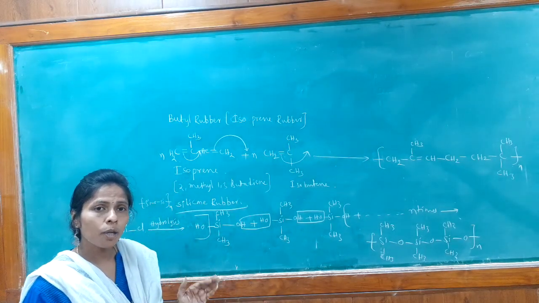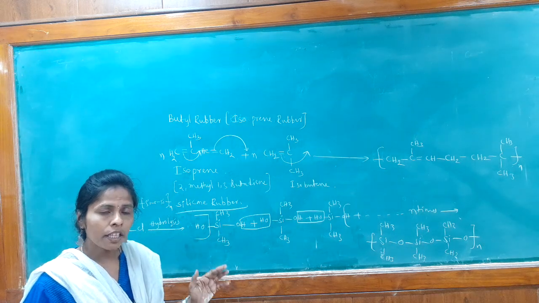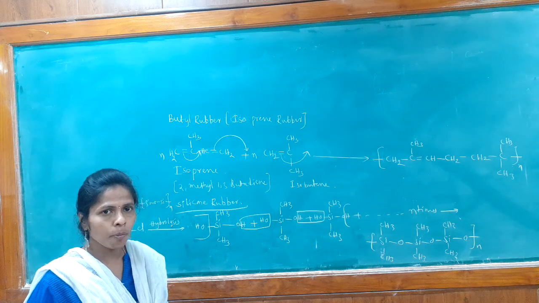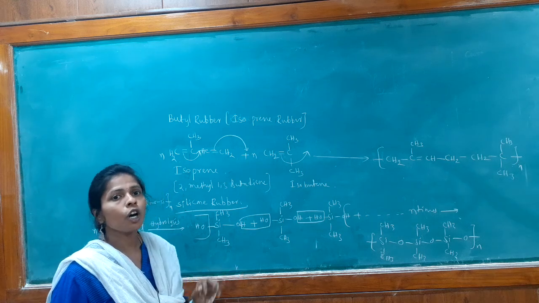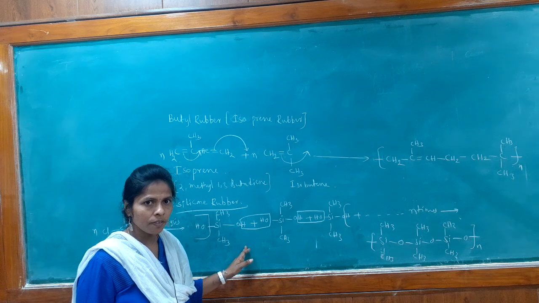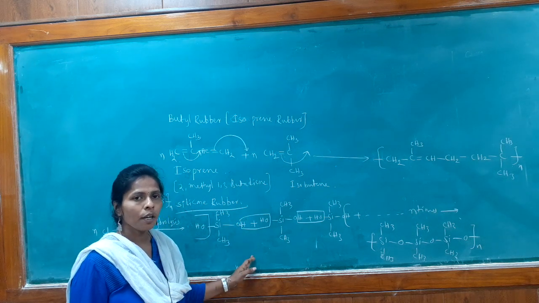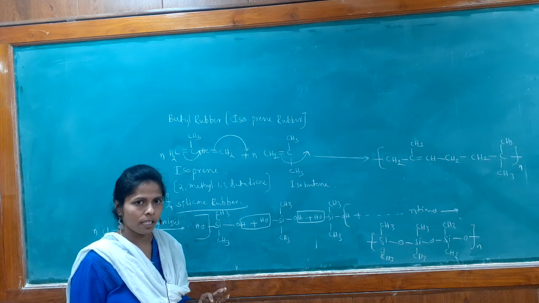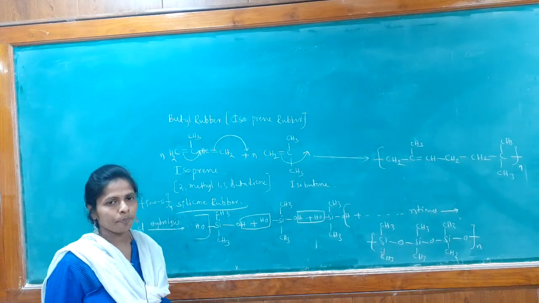It is especially soluble in benzene, that is, in the non-polar compounds, but it is not soluble in the polar compounds like alcohols. So that is the properties of silicone rubber.